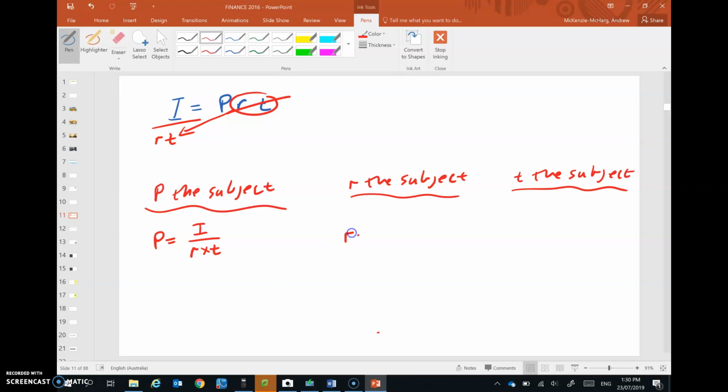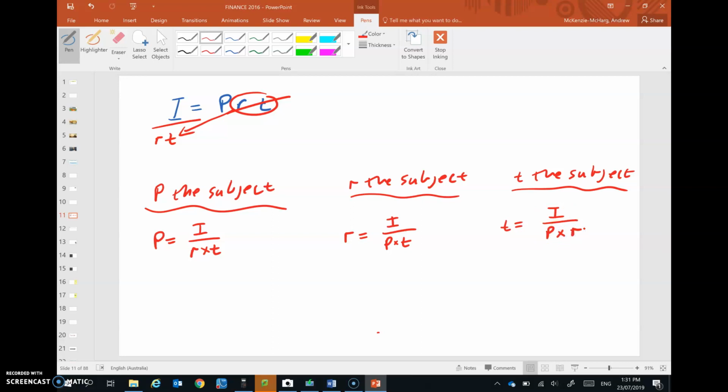So R will be equal to I divided by P times T, and T will be equal to I over P times R.